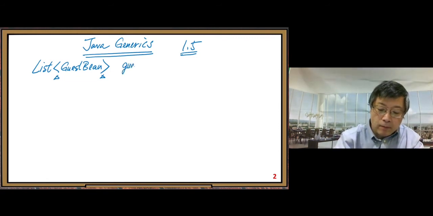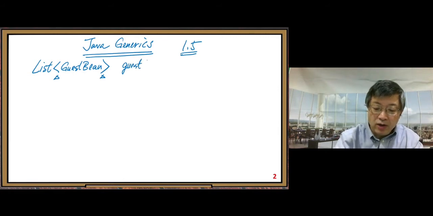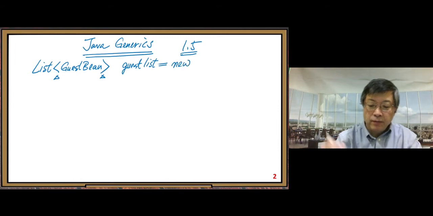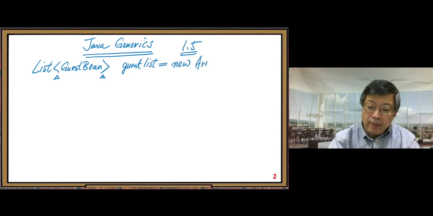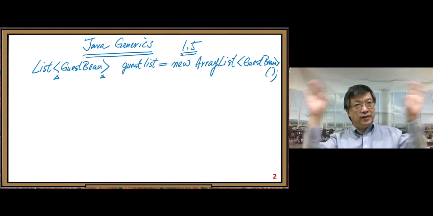Then the reference name. Let me call it guestList. Then equals new constructor. For the constructor, we use ArrayList, angle brackets, GuestBean, parentheses. That's the whole line.